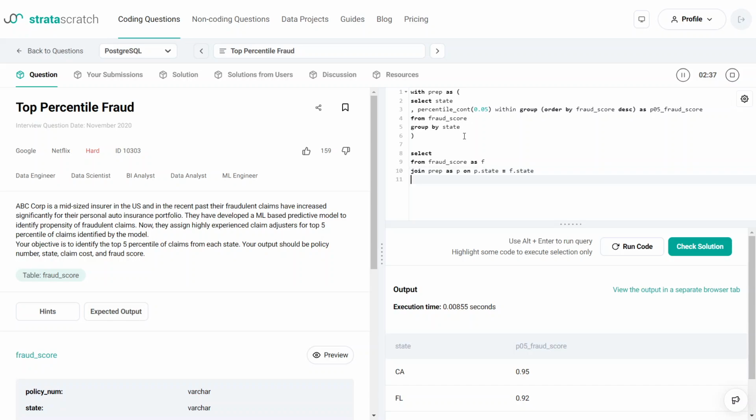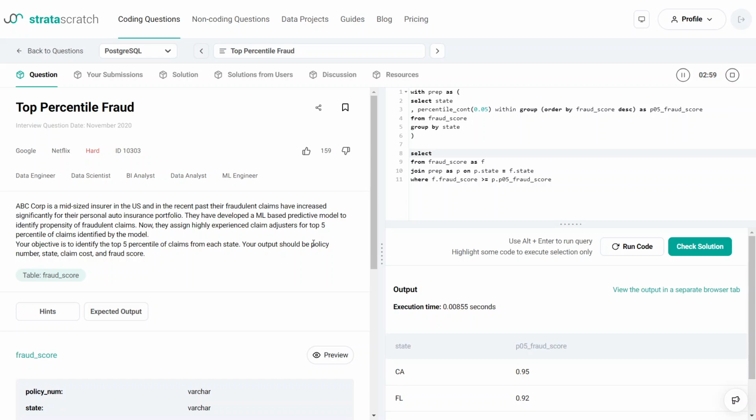And what we want is we don't want all the records from the fraud score table. We only want the records where the fraud score is greater than or equal to the top 5 percentile, because that's what they asked for.